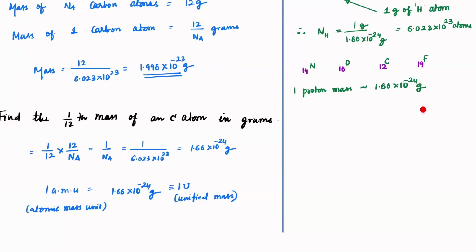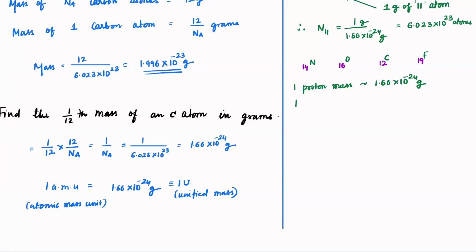We also notice that one neutron mass, as per mass spectrography, is very, very close to proton mass, slightly higher, but we can still consider both of them the same. So one proton mass will be the same as one neutron mass.